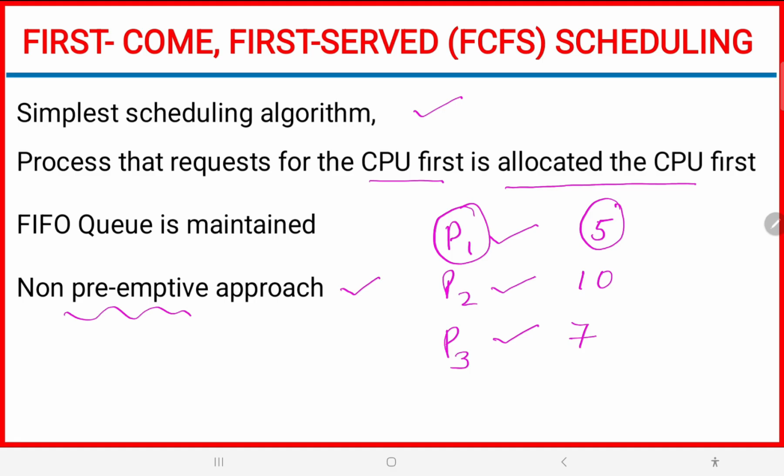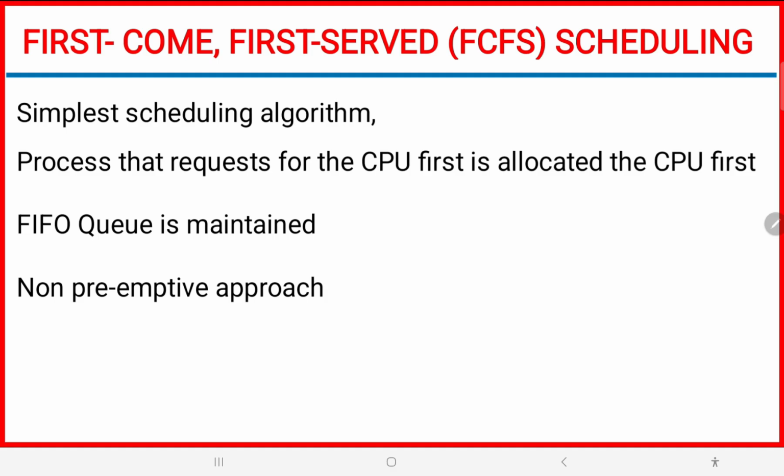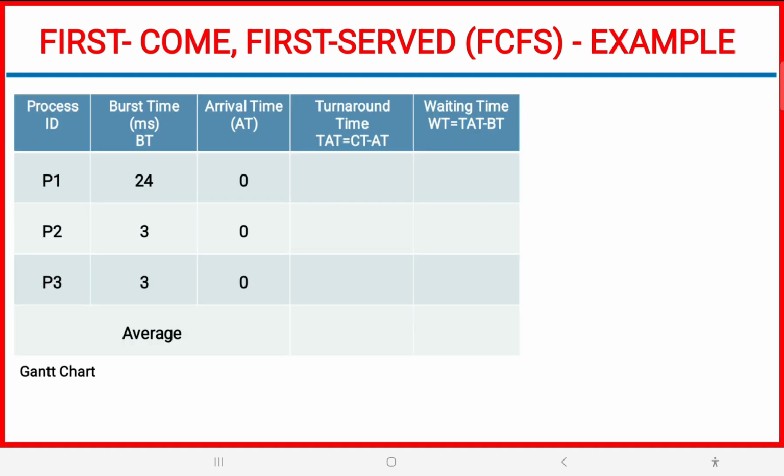Let's take one scenario and discuss numerically how the working of this FCFS algorithm takes place. Let's assume we have three processes: P1, P2 and P3. In this numerical, for each of the processes we have the burst time.